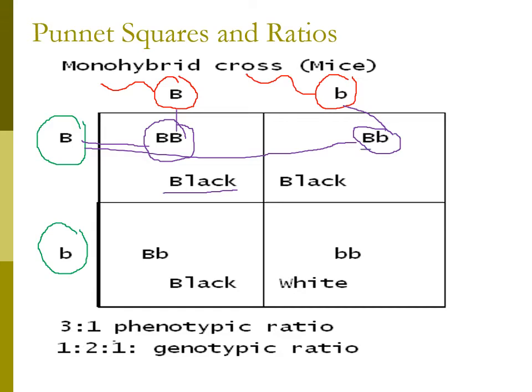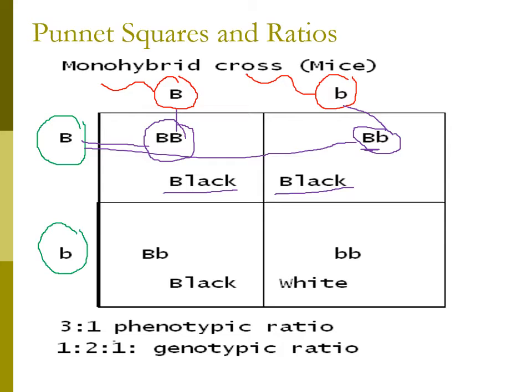But if it's complete dominance, this big B covers up that little b like it's not even there, and the baby appears black. And so this is where the genotype is different than the phenotype. Both these babies' phenotypes are black, but they have different genotypes.